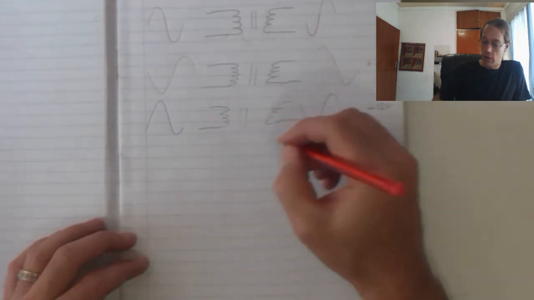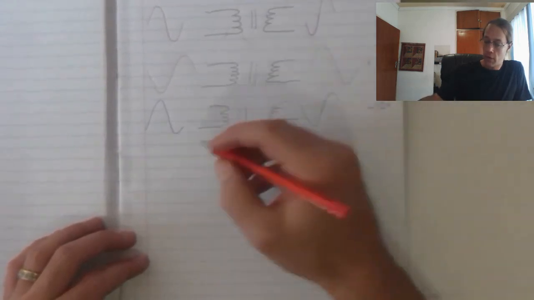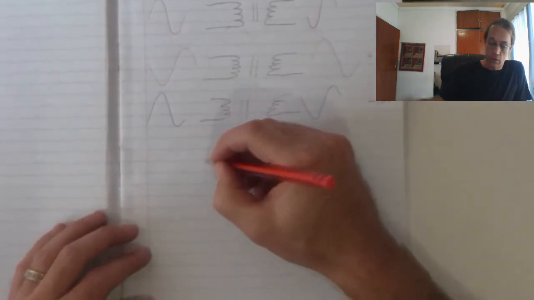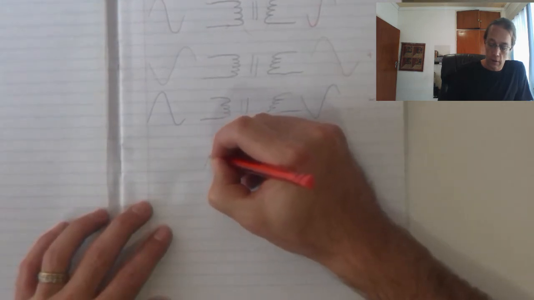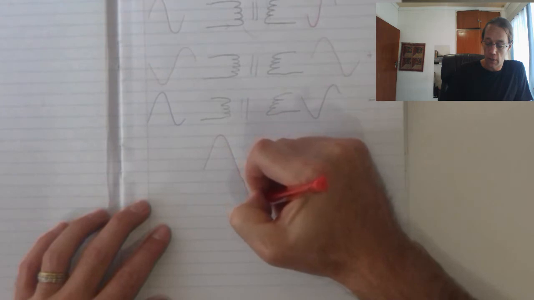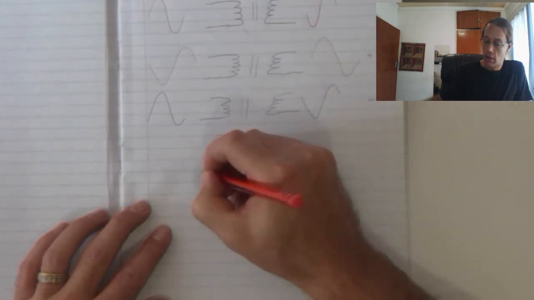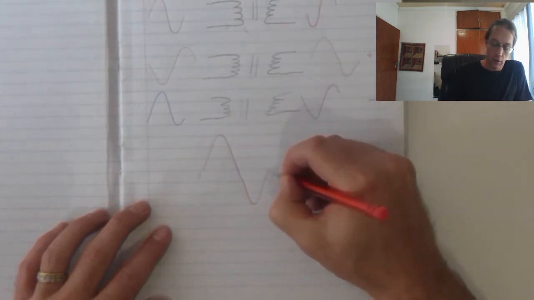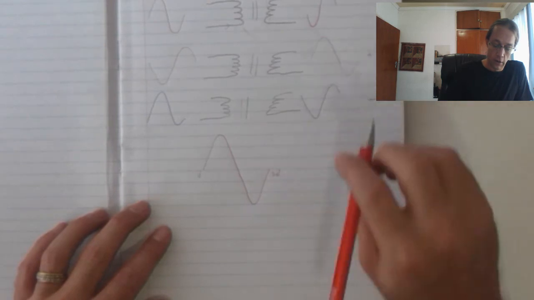If we were to combine these three signals, I will see that on my red phase I will have a pure sine wave that starts at 0 degrees and ends at 360 degrees.